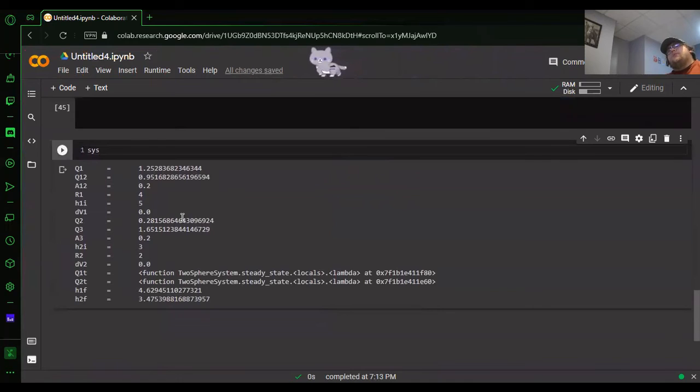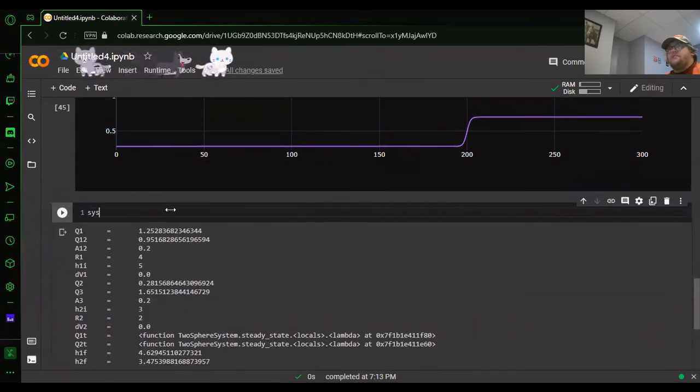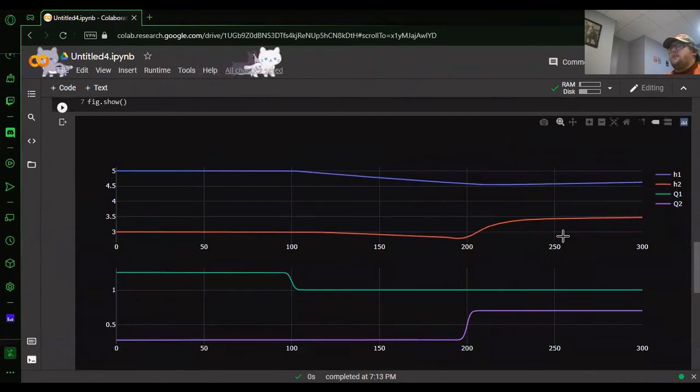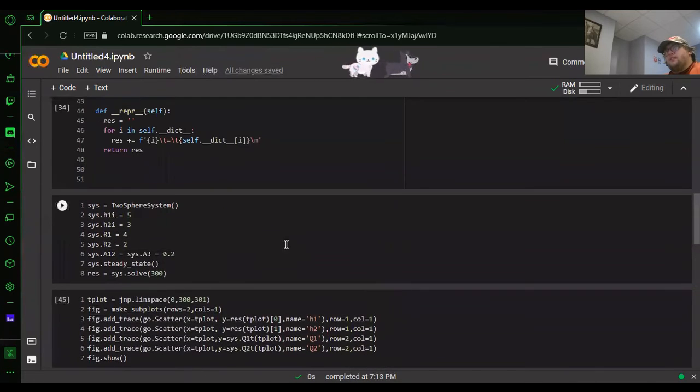So what we need to do is go back and update the code so that Q1 updates, as well as Q2, and so do the DVs, because currently the system is not at steady state anymore.